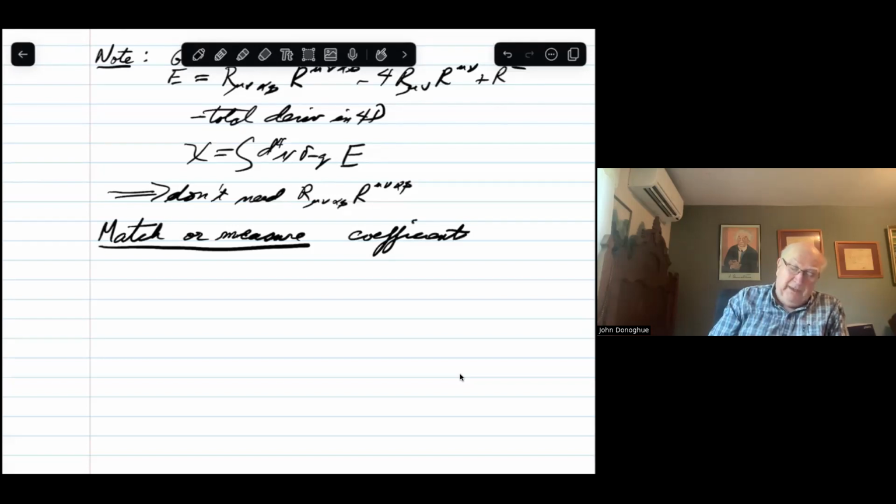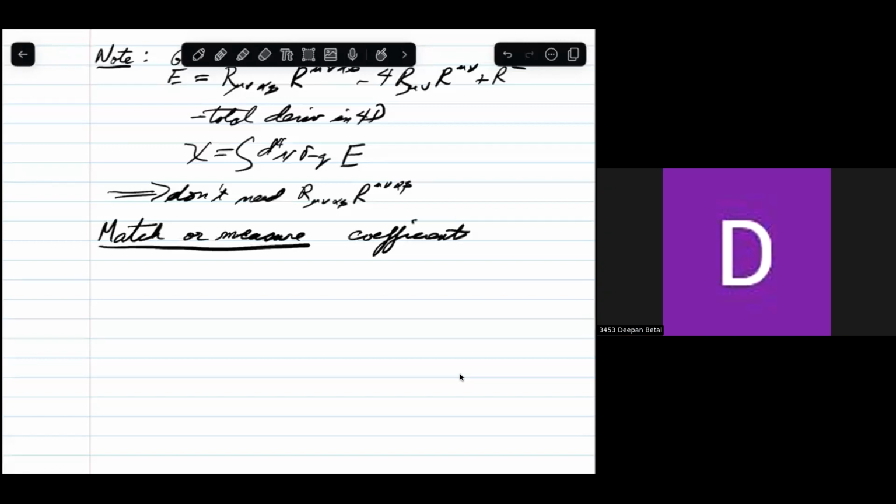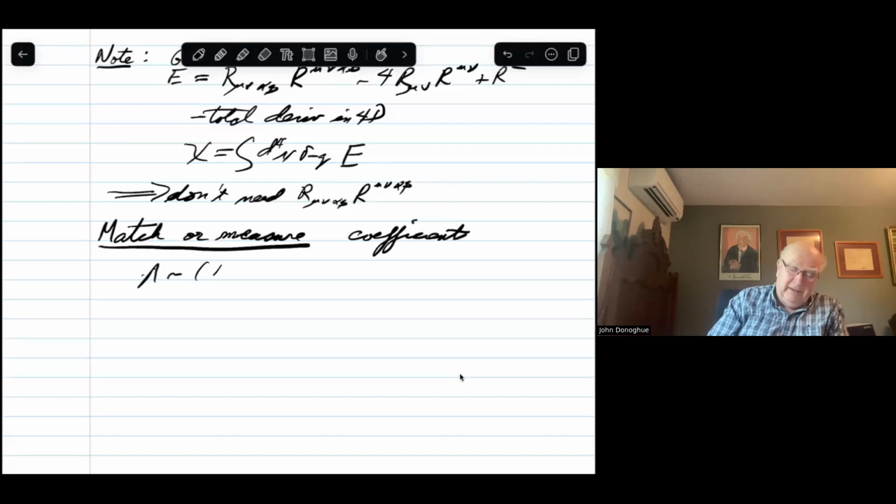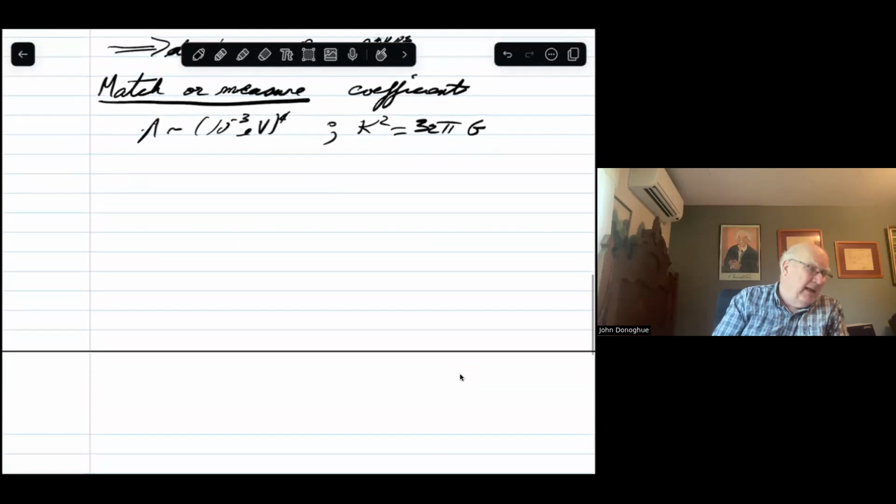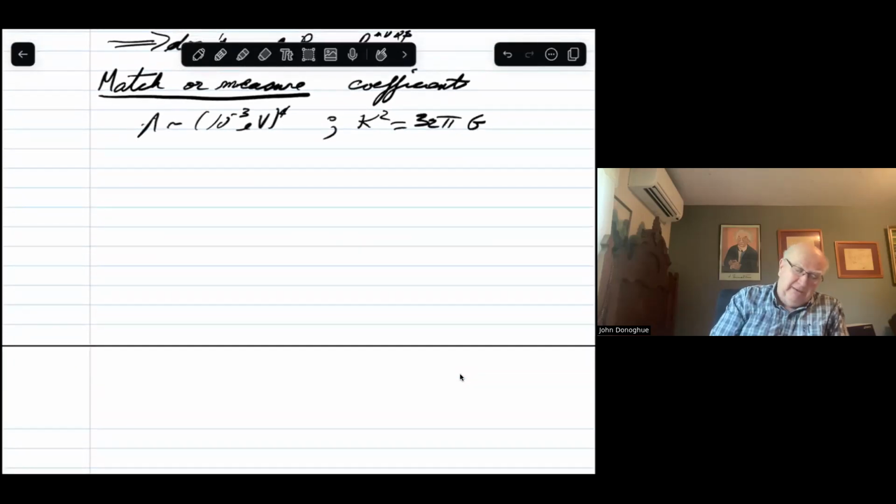So we have to measure them. Lambda is about 10 to the minus 3 electron volts to the 4th power. That's a bit of a puzzle by its size, but nevertheless, we just measure it. Kappa squared is 32 pi G. G Newton is measured, and there are bounds on C1 and C2.